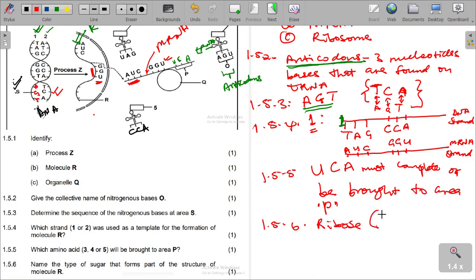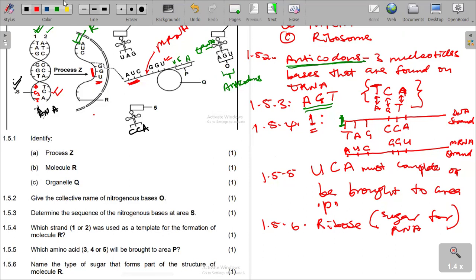That is the sugar for RNA. The question wants you to know. So the answer is ribose sugar.